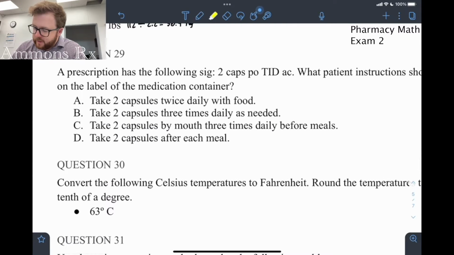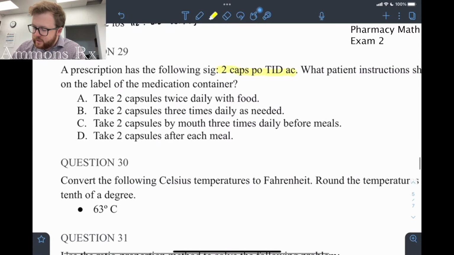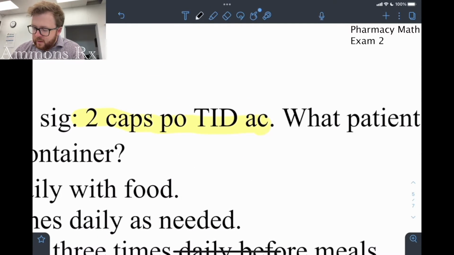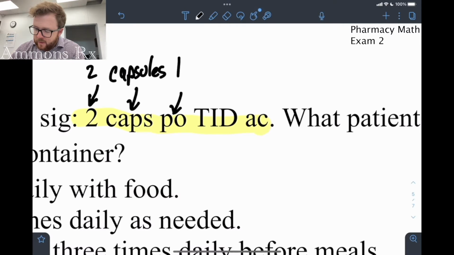Prescription has the following instructions: 2 caps PO TID AC. What instructions should appear on the label of the medication container? So this obviously, 2 caps is capsules. PO is by mouth.